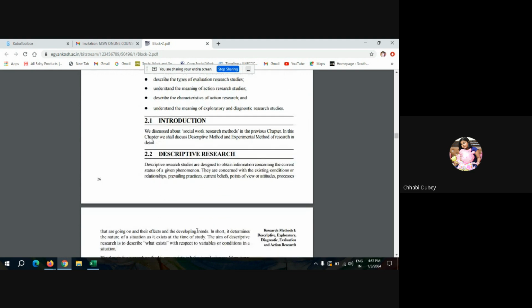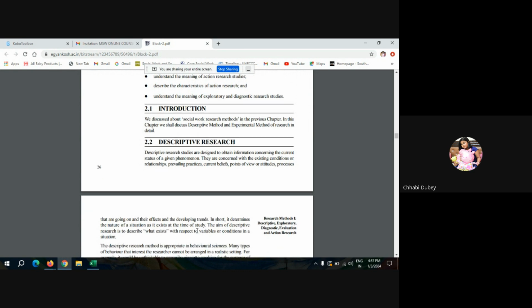Now, what is exactly meant by descriptive research? We first come to descriptive research. Descriptive research designs are designed to obtain information concerning the current status of a given phenomenon. So these designs will simply obtain information concerning the current status of a given phenomenon.